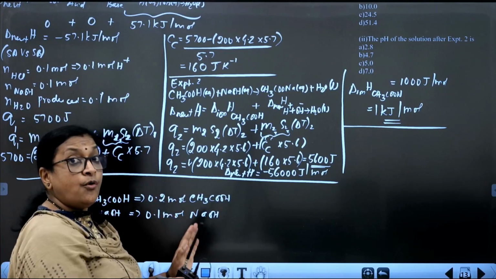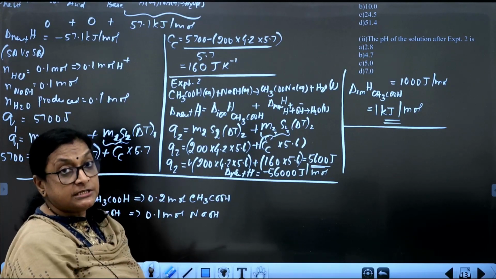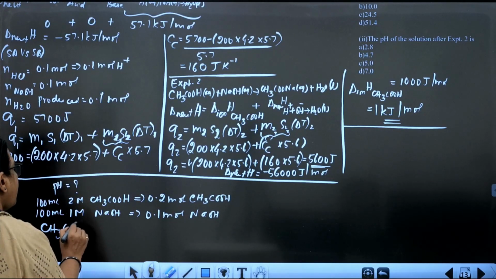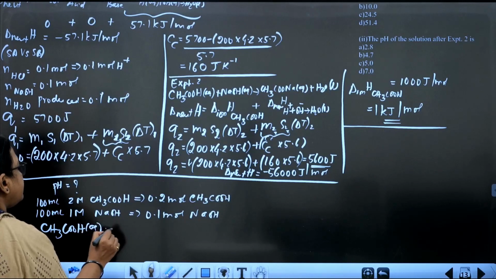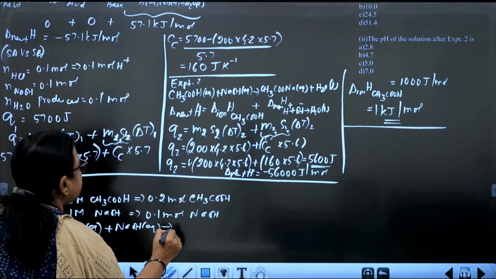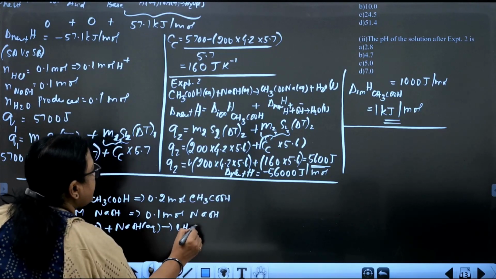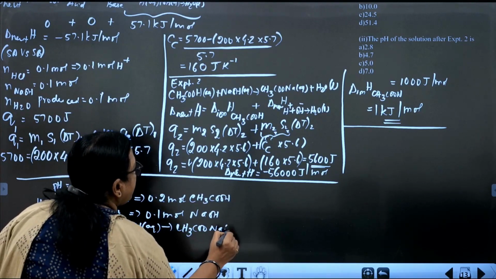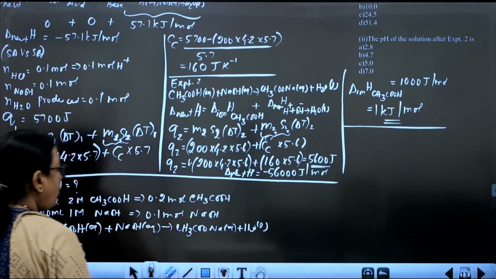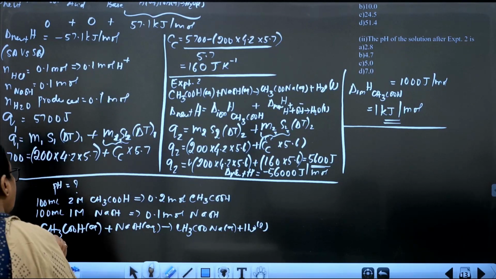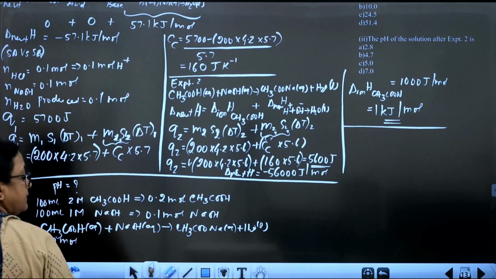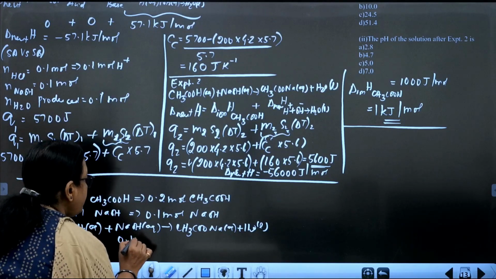Now, on the whole, what all is there in the solution? Let us see. During this reaction, acetic acid aqueous reacts with NaOH aqueous, giving sodium acetate aqueous plus H2O liquid. What we have here is 0.2 mole of acetic acid and 0.1 mole NaOH.